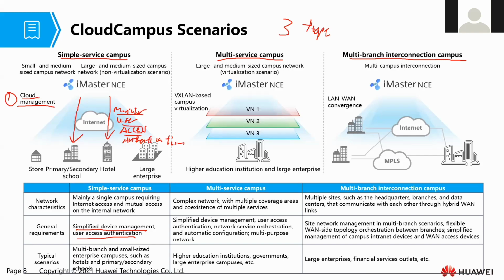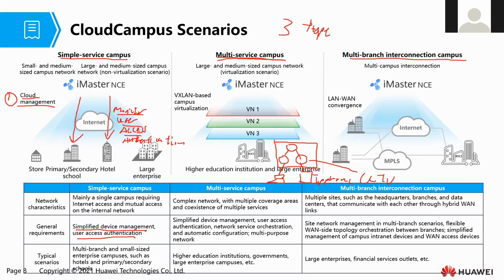And there's another scenario that we have, the second scenario, which is the multi-service campus. Basically, in this scenario, the customer will require the following from our network. For example, we have one physical network. Inside this physical network, we have a lot of different terminals or different services, such as maybe PCs or IP phones, and then maybe CCTV and many more services.